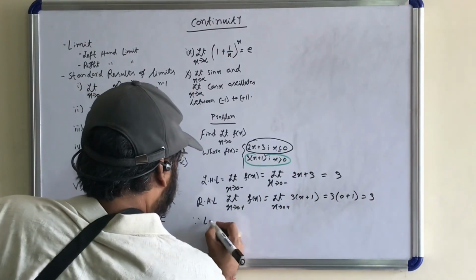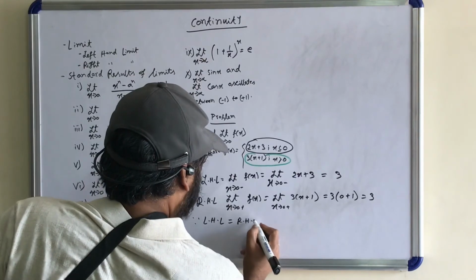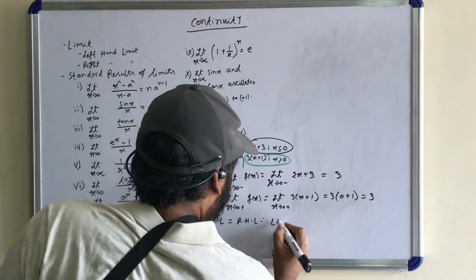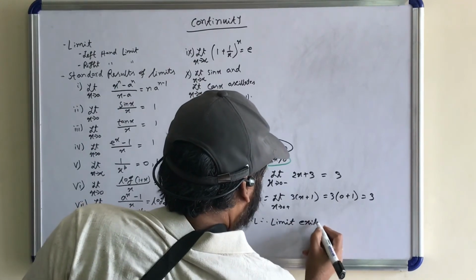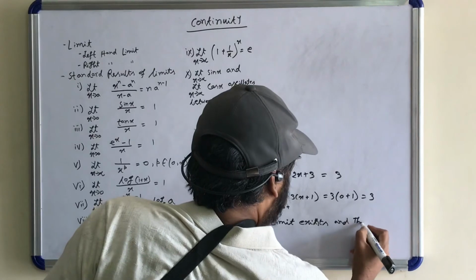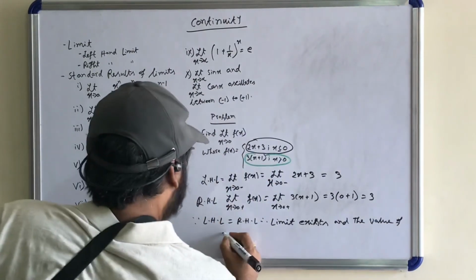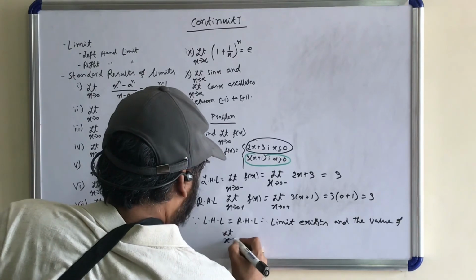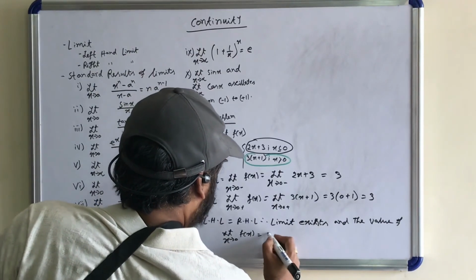Since LHL equals RHL, therefore the limit exists, and the value of limit x tends to 0 of f(x) equals 3.